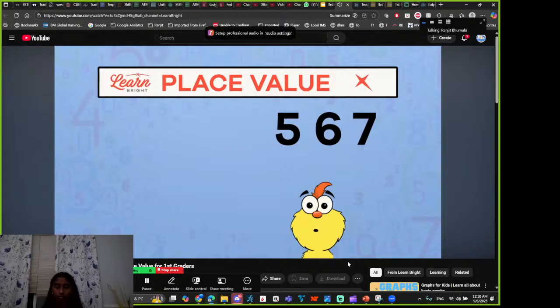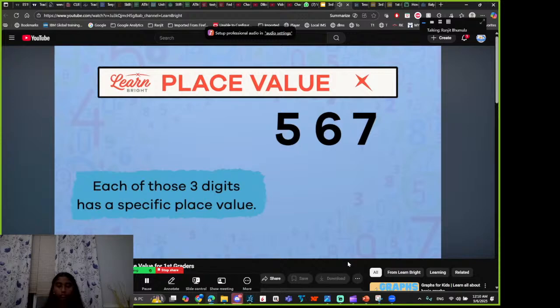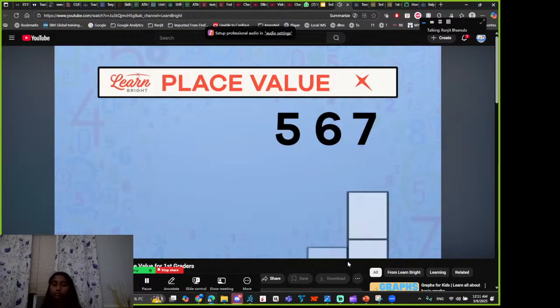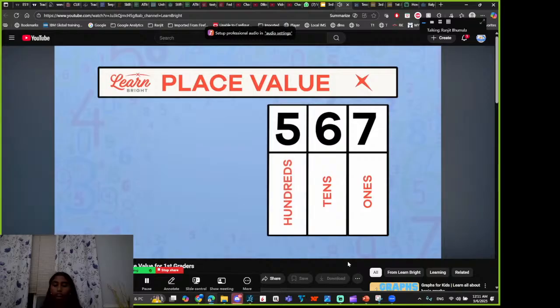Let's look at a number with 3 different digits. This number is 567, and each of those 3 digits has a specific place value. Let's slide this number into our chart. The place value is now listed below each digit. This number has the place values in the hundreds, tens, and ones.